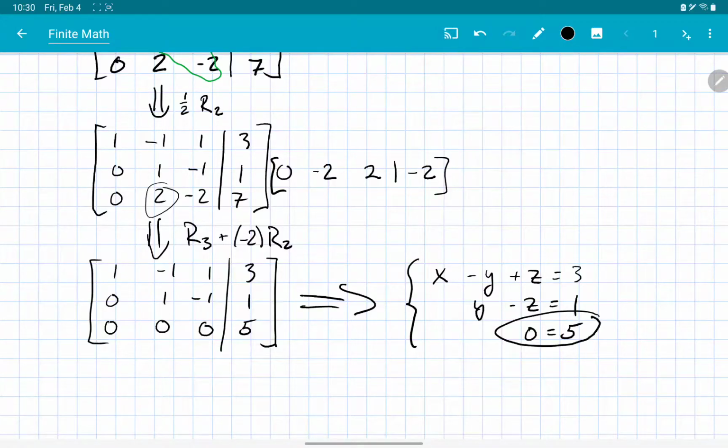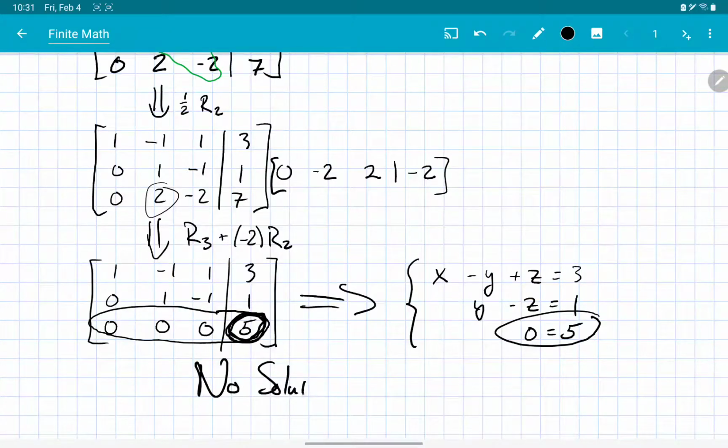When you do Gauss-Jordan elimination and you come up with an entire row of zeros, but then in the augmented part, we have a number that's not 0, then you get a statement which is false. 0 equals 5. So this means there are no solutions to this system of equations.